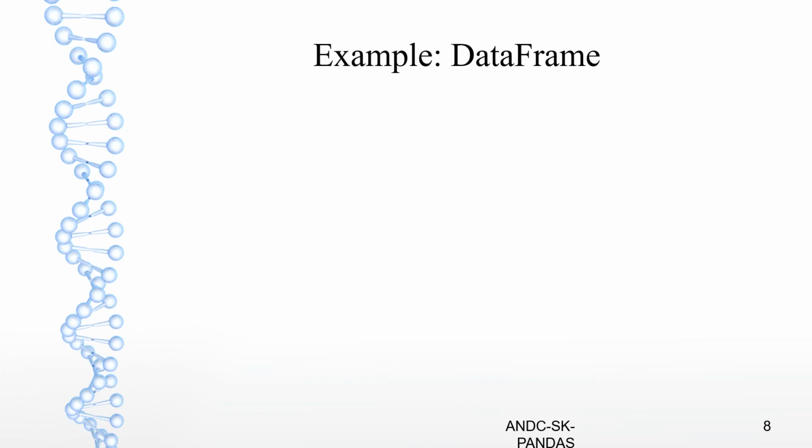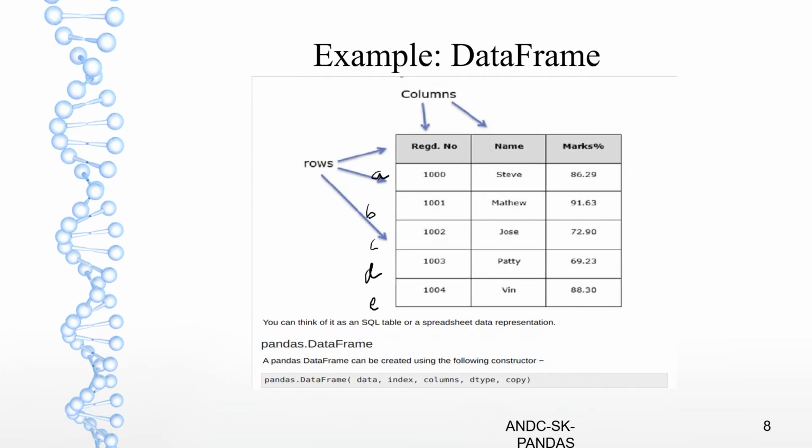So let us take one example of a data frame. This example shows you a data frame having 3 columns: registration number, name, marks, and there are 5 rows, and the indexes of these rows are A, B, C, D. The number of columns in this data frame is 3 and the number of rows is 5.